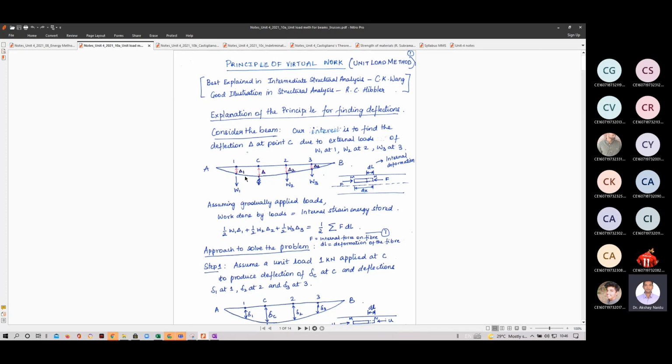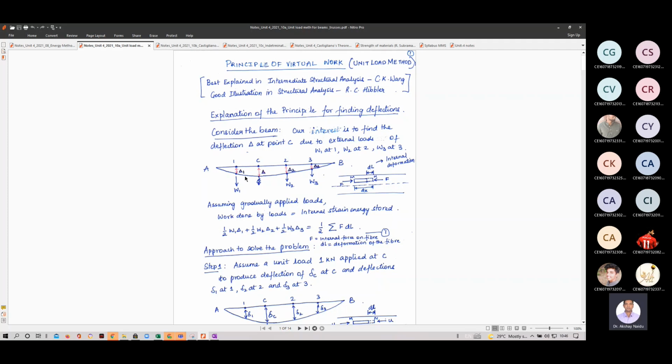I don't have to find the entire elastic curve. Like in unit 1, we did double integration of M by EI and found the elastic curve y. So it is not necessary. I want to find at a particular point.